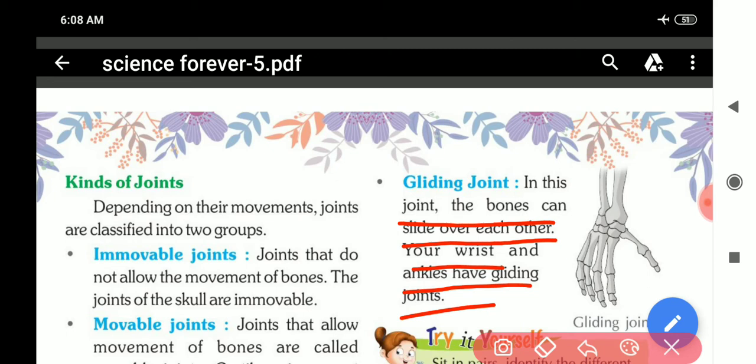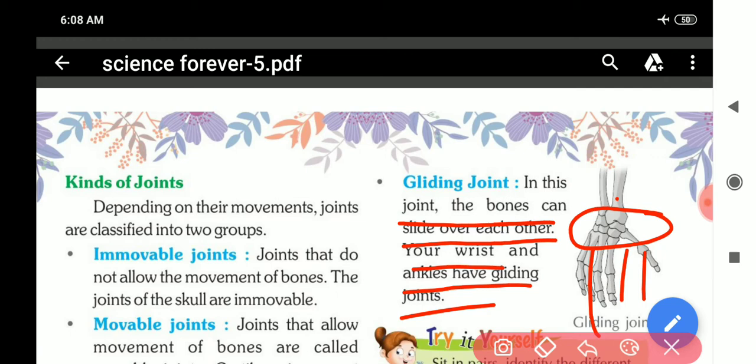See, here the gliding joint is present between the wrist and the finger bones, and the same in the legs, between the ankles and the foot. So these are gliding joints, where a number of different bones are joined to each other, which can glide or slide over one another.